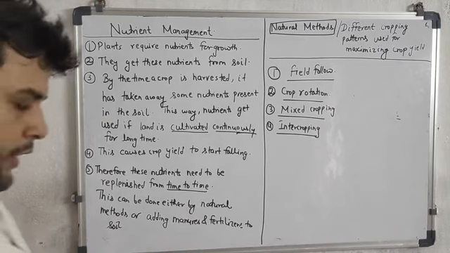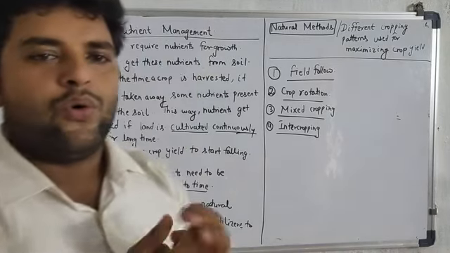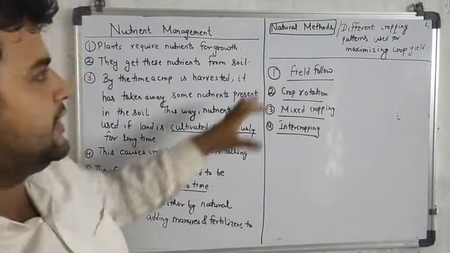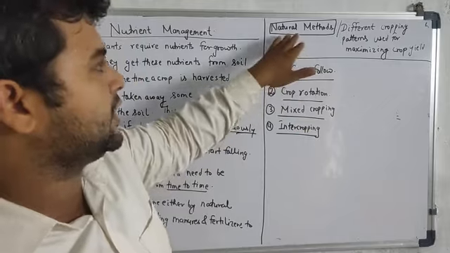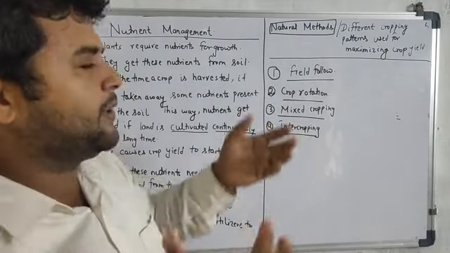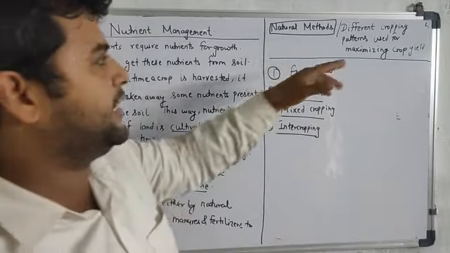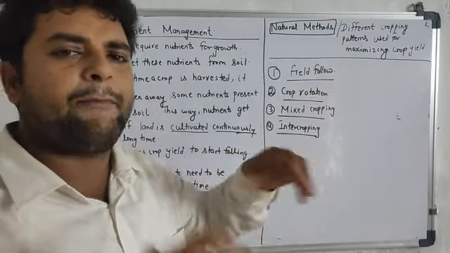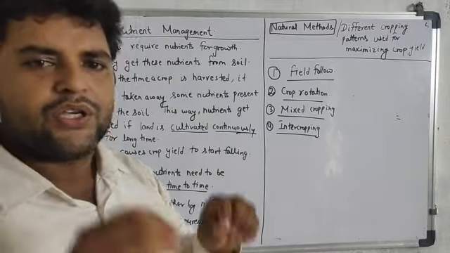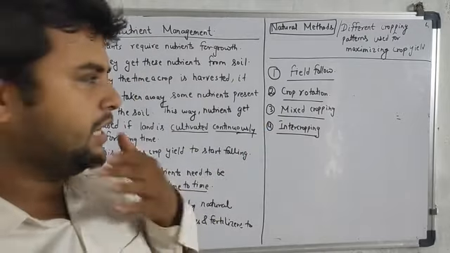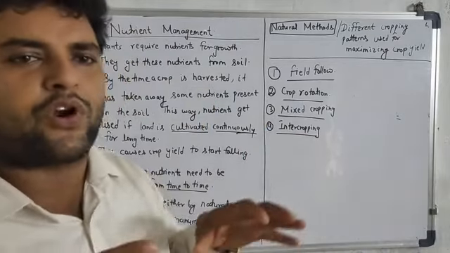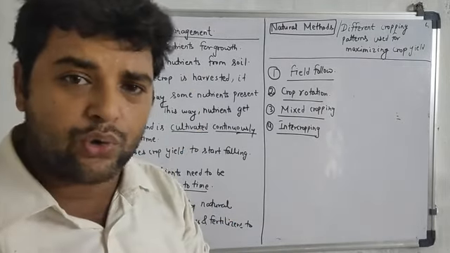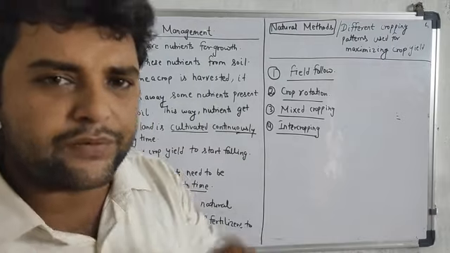Now let us continue with the natural methods. As we have discussed manure and fertilizers, we now have to discuss the natural methods, or you can simply write another heading: different cropping patterns used for maximizing crop yield. There are basically four different cropping methods that can be employed to increase productivity.